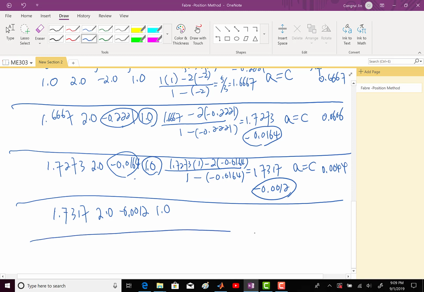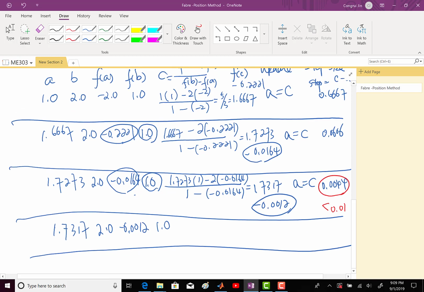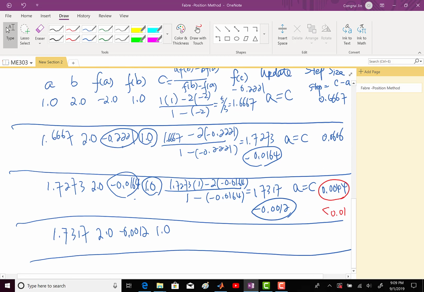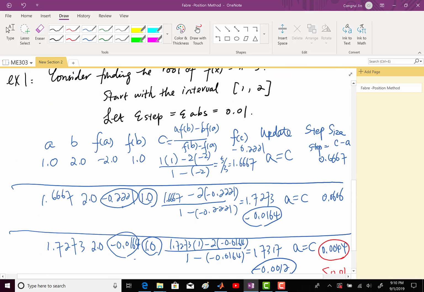Okay, so you can see here, this step is already 0.0044, which is less than 0.01, right? And at this point, FA, which is negative 0.0012, is also less than 0.01, right? And the epsilon value is 0.01.